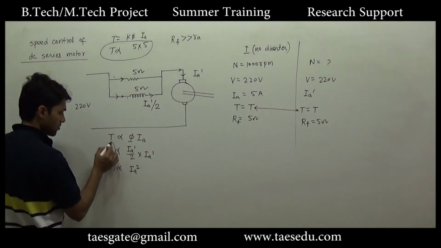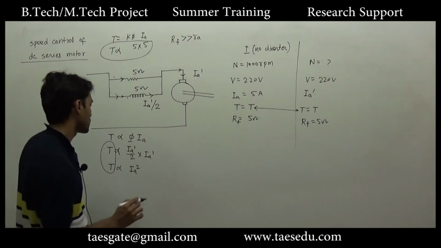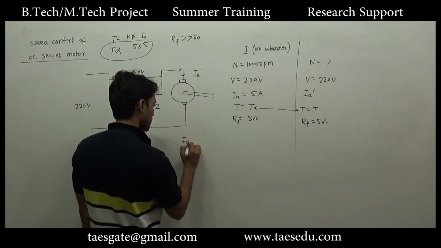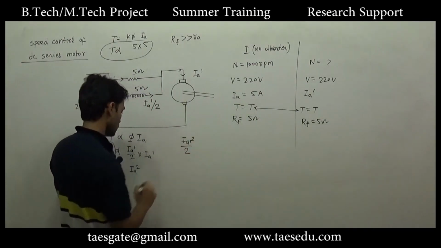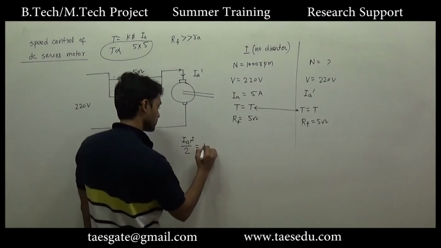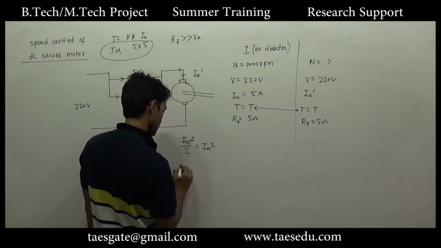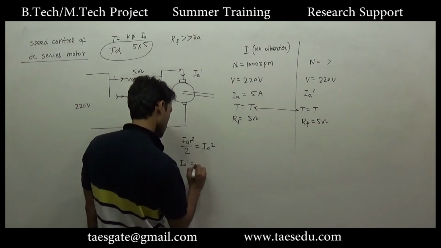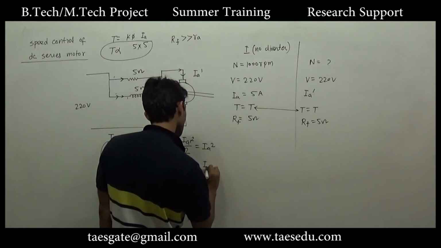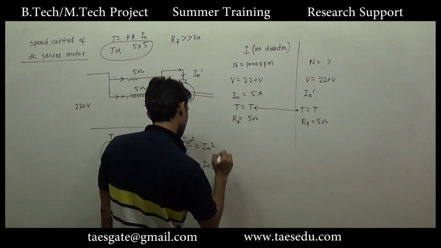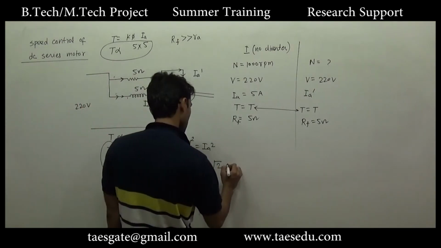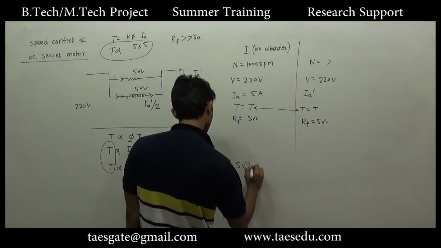Since the two torques are equal, we write Ia dash square by 2 is equal to Ia square. So Ia dash will be the previous current times root 2. This will be 5 root 2.